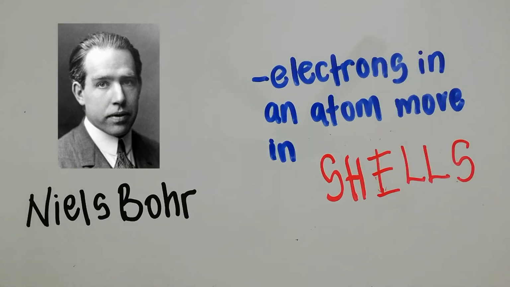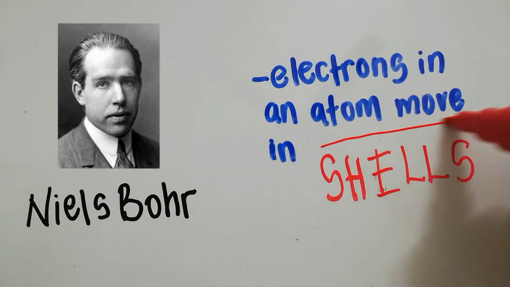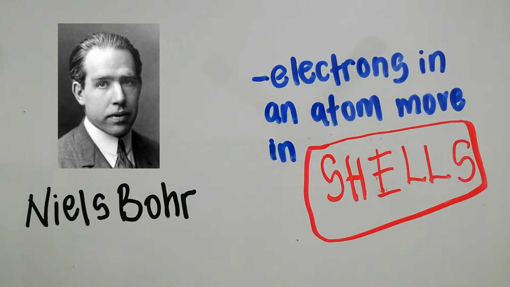The fourth one is Niels Bohr, who said that electrons in an atom move in shells around the nucleus. So shells is the keyword for Niels Bohr, because Ernest Rutherford said that electrons move outside the nucleus, so there should be something that stabilizes the electrons, which can make them move in orbits around the nucleus.